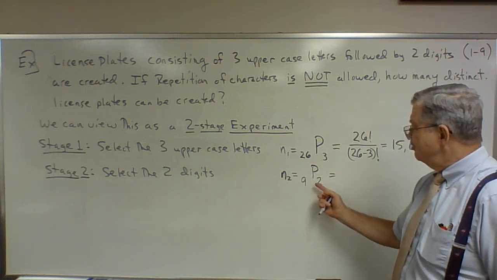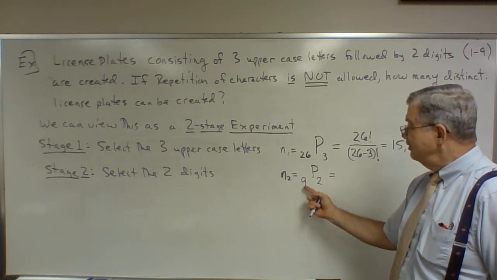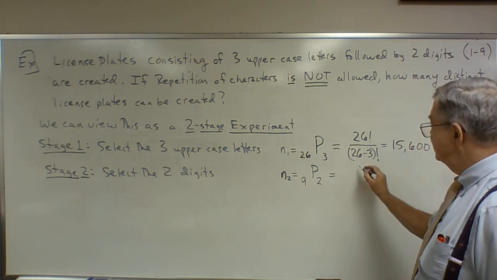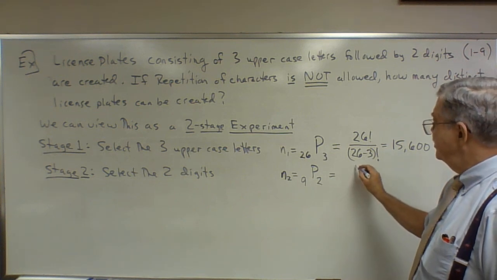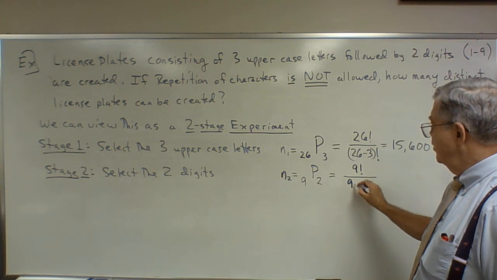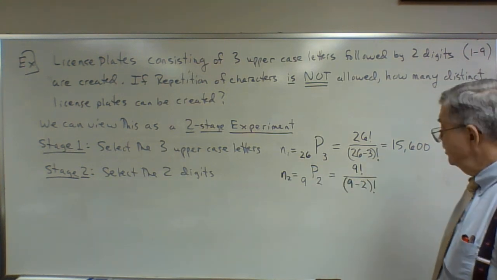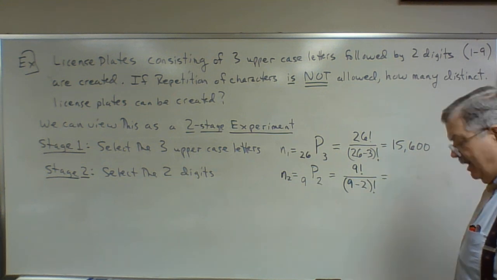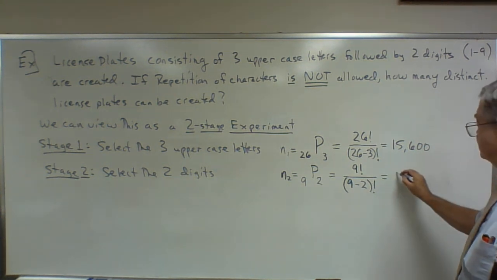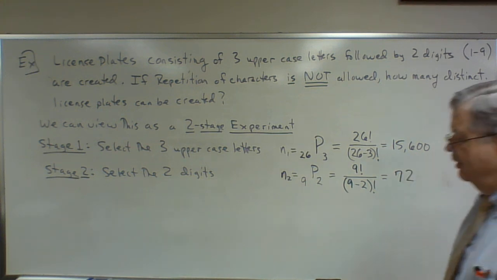Or we can say it's a permutation of a set of 2 digits selected from a set of 9 digits. How many ways can that happen? 9 factorial over 9 minus 2 factorial. And if we grind that out, that's 72.